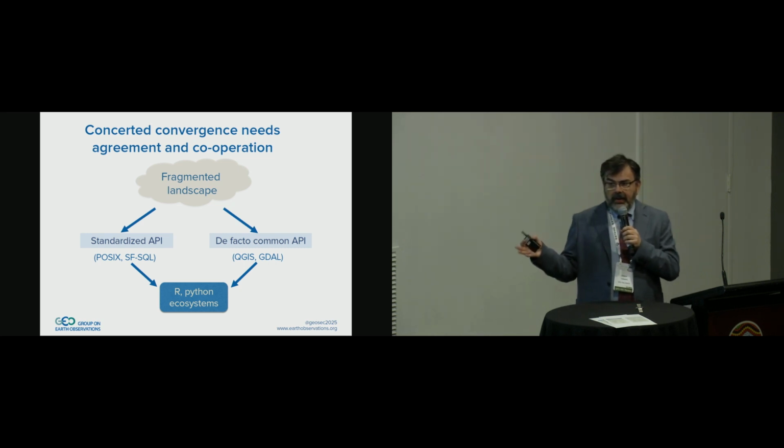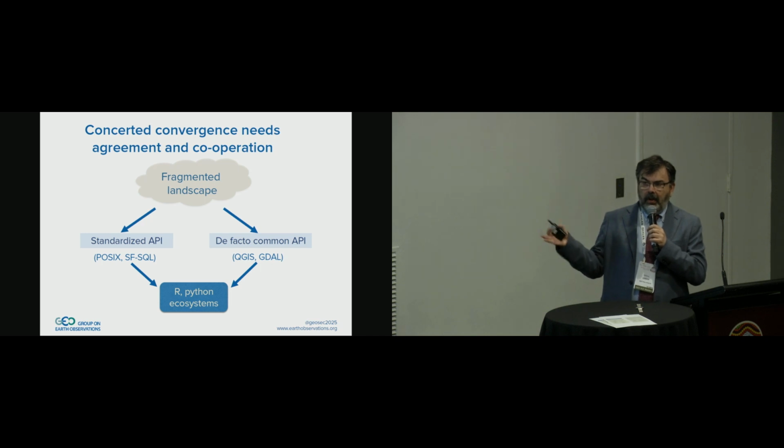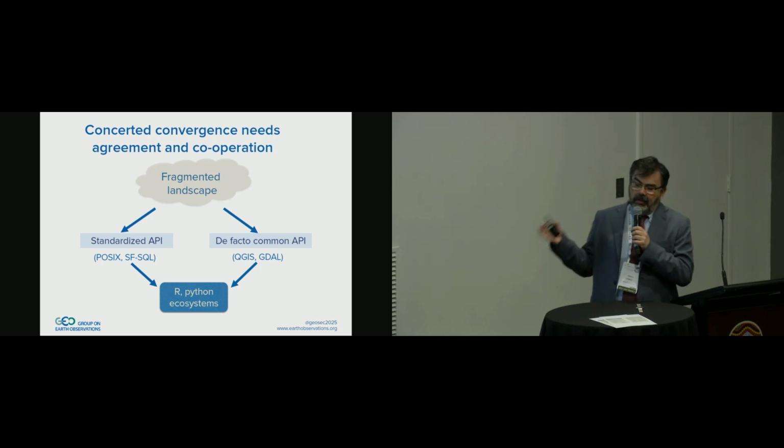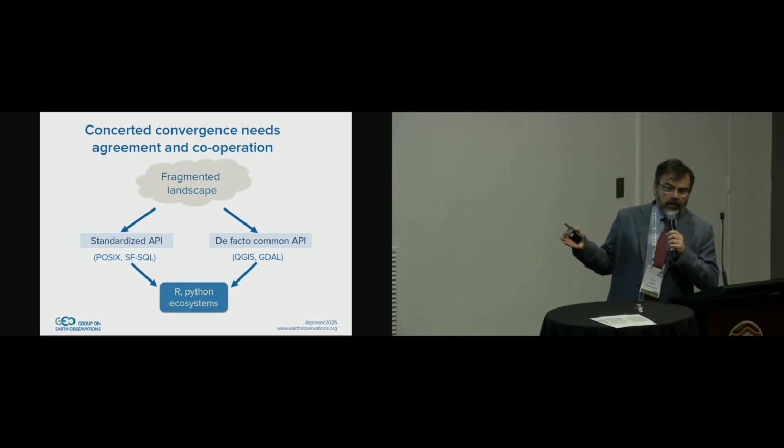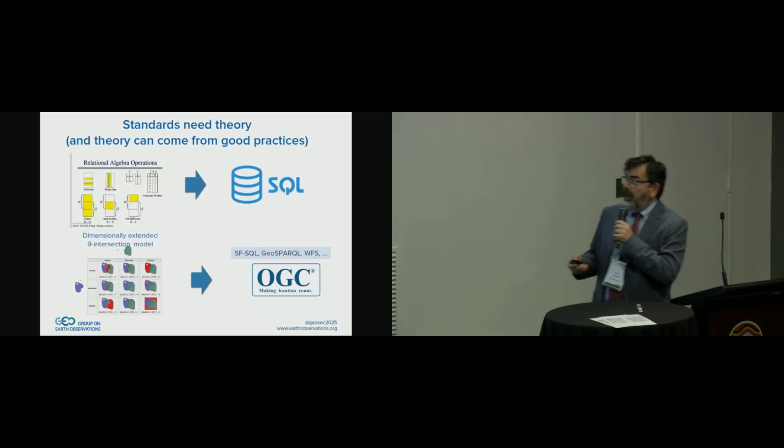And the ecosystems that will be developed there are mostly, at least from my perspective, open source and either Python or R or a combination of the two. I'm just not proposing any solutions. I'm just saying that the convergence will happen in some way or another.